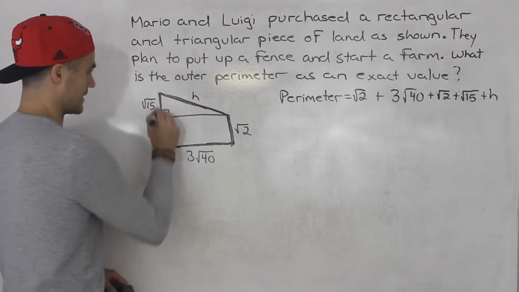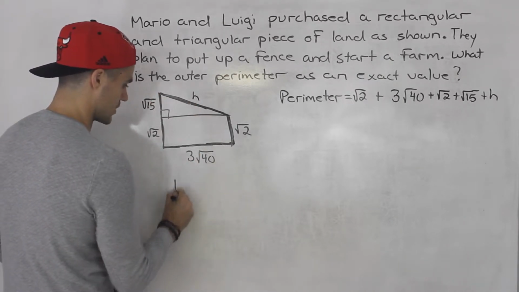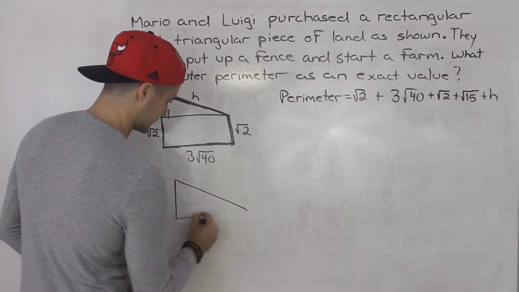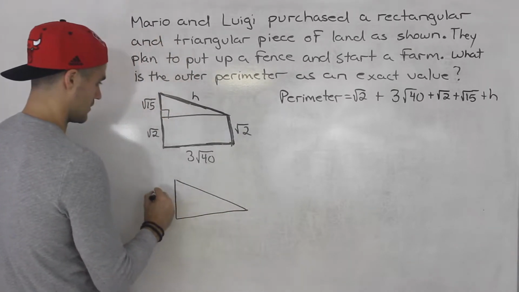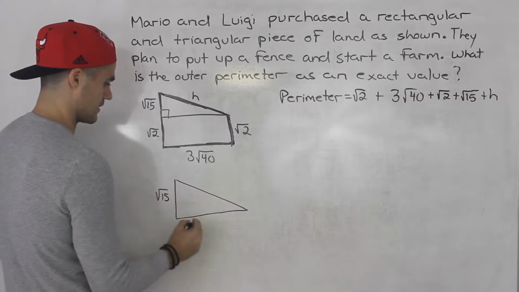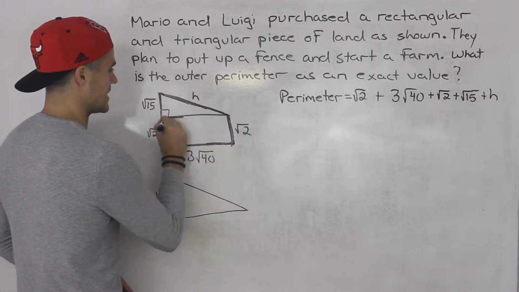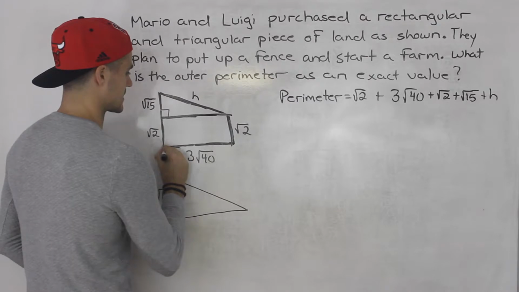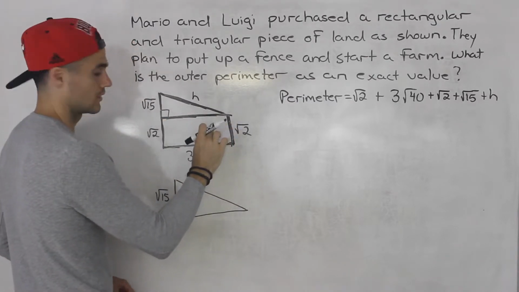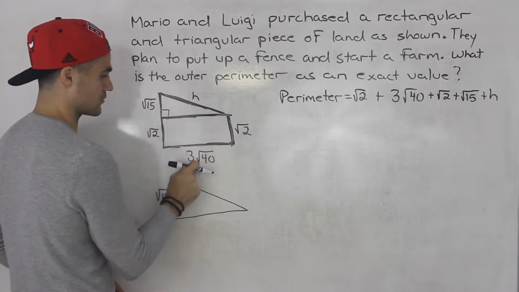So if I take this triangle and redraw it down here, this is root 15. What's this here? Well, this length is equal to this length because this is a rectangle, right? So we know that this length is 3 root 40 as well.